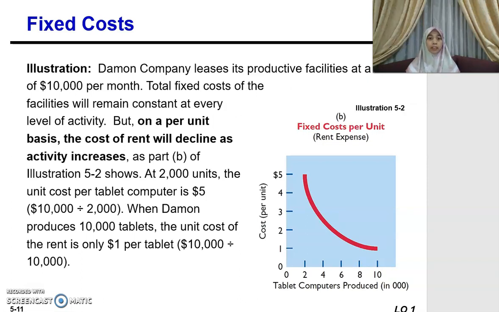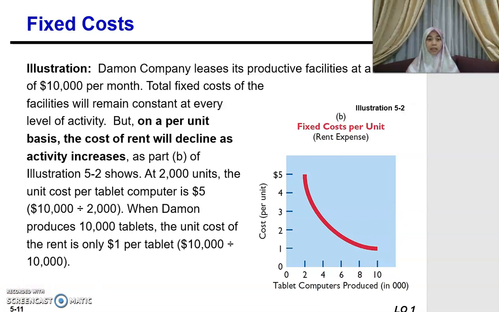What about the fixed cost per unit? On a per unit basis, the cost of rent will decline as activity increases. To understand this better, maybe you can plot a coordinate. You can plot the x and y axis, the points for a coordinate.